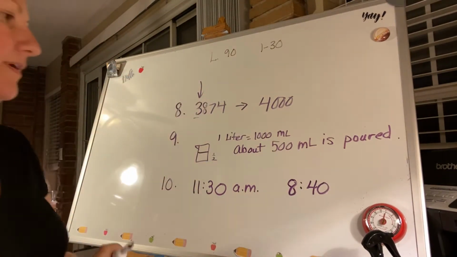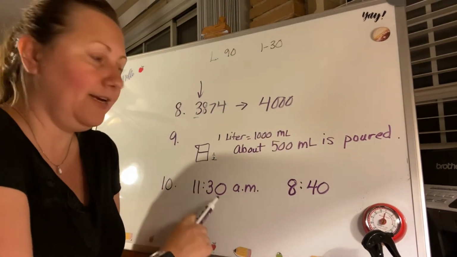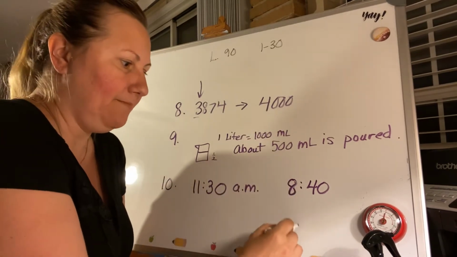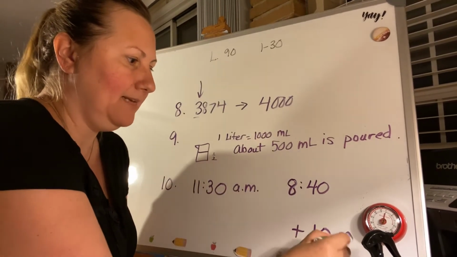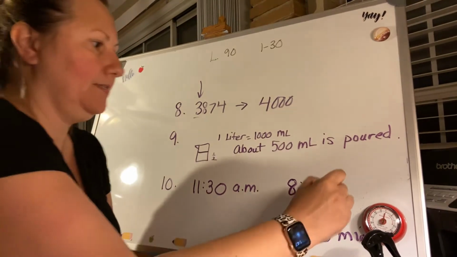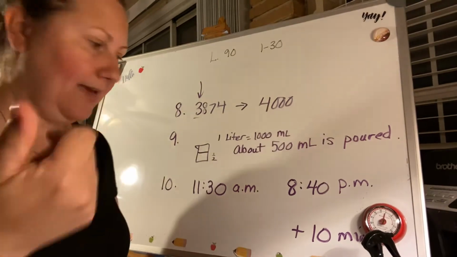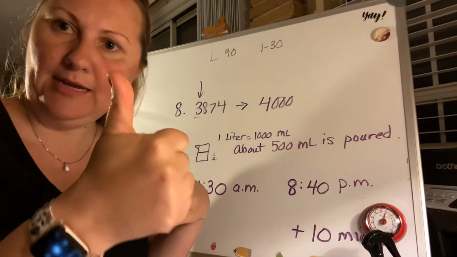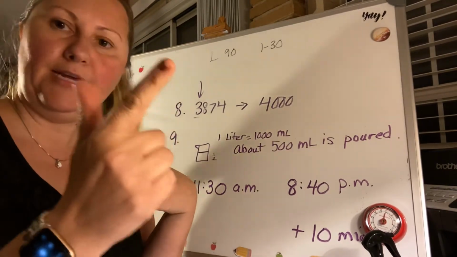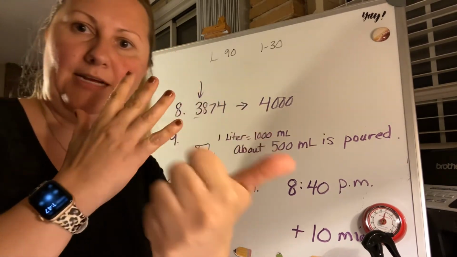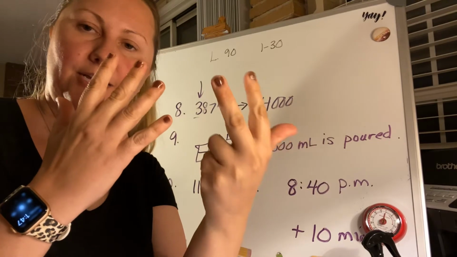Okay, so if we were counting from 11:30 to 8:30, that would be easy. And then we'll just add the 10 minutes. So let's count. This is PM, by the way, because it's dark. So 11:30. Let's just count on our fingers. 12:30, 1:30, 2:30, 3:30, 4:30, 5:30, 6:30, 7:30, 8:30.